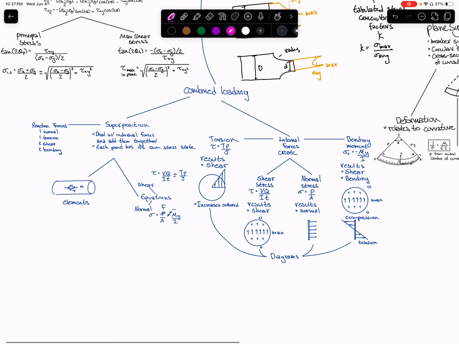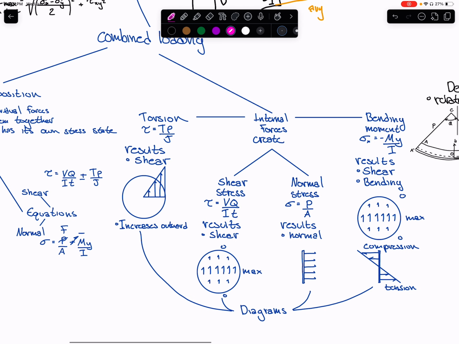So I've started by giving us again a brief description of what all of these present internal forces are, what type of stresses they create, and where those stresses are located.